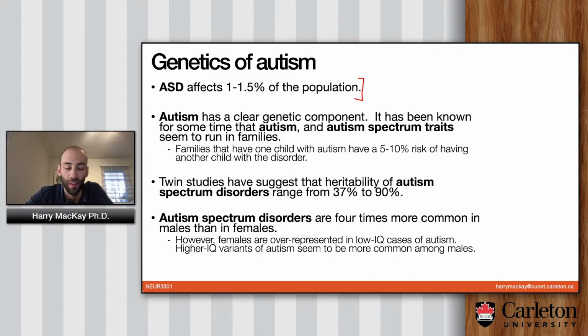Other developmental disorders become less common at the same time. But it affects around 1 to 1.5% of the population, depending on exactly where you draw the cutoff lines, and that's a fairly large number of people. That's pretty similar to the number of people who have schizophrenia.